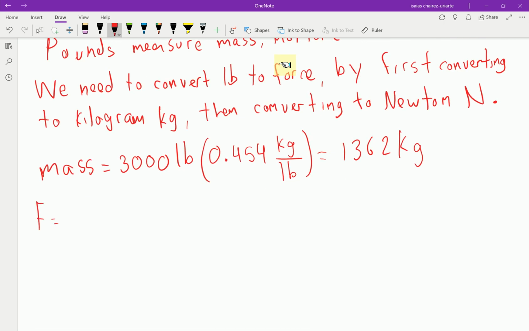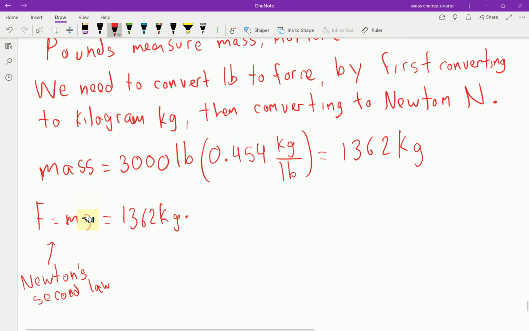Okay, now Newton's second law says that the force is equal to my mass, which in this case right now is 1,362 kilograms, times the constant acceleration of gravity on the surface of the Earth, which is 9.8 newtons per kilogram.